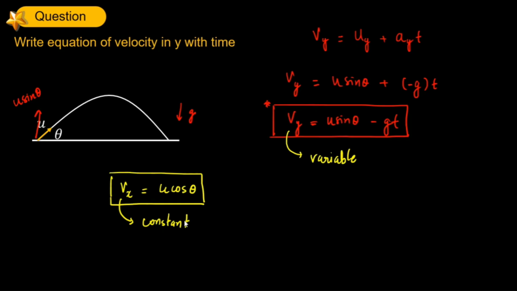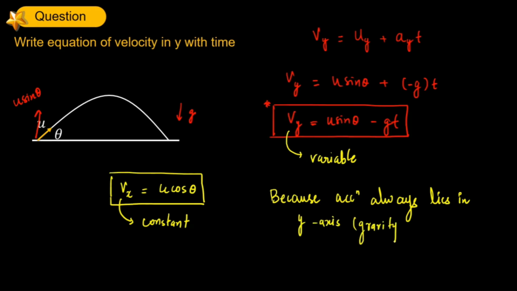Why is Vy variable and Vx constant? Because acceleration always lies in the y-axis. That is gravity. We already saw this in the free fall case. So you can say it is an extended version of free fall, because here you throw an object at a certain angle.